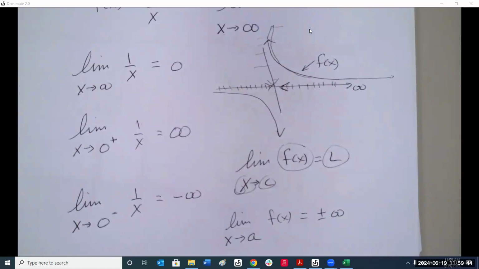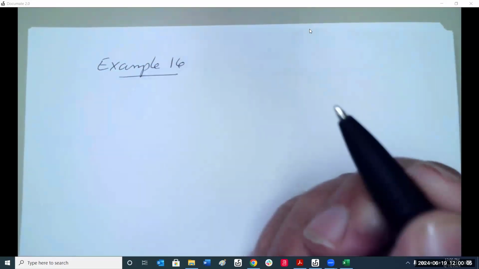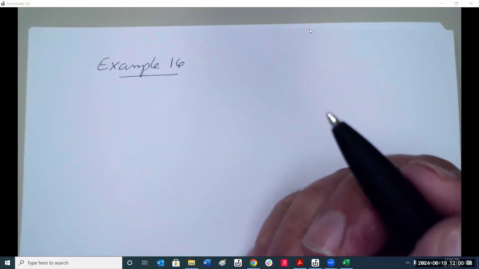That's why I say it doesn't exist. We can say it approaches infinity, but it doesn't exist. Yeah, and that's where it gets kind of confusing, more of a philosophical concept.